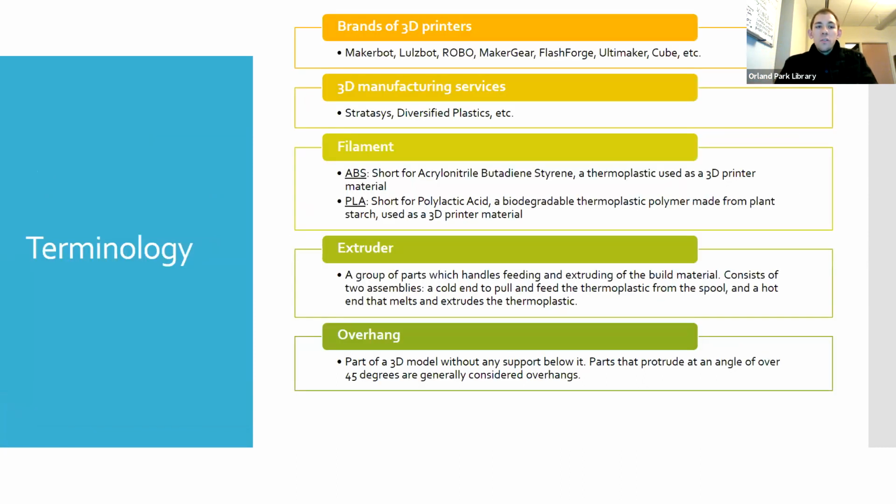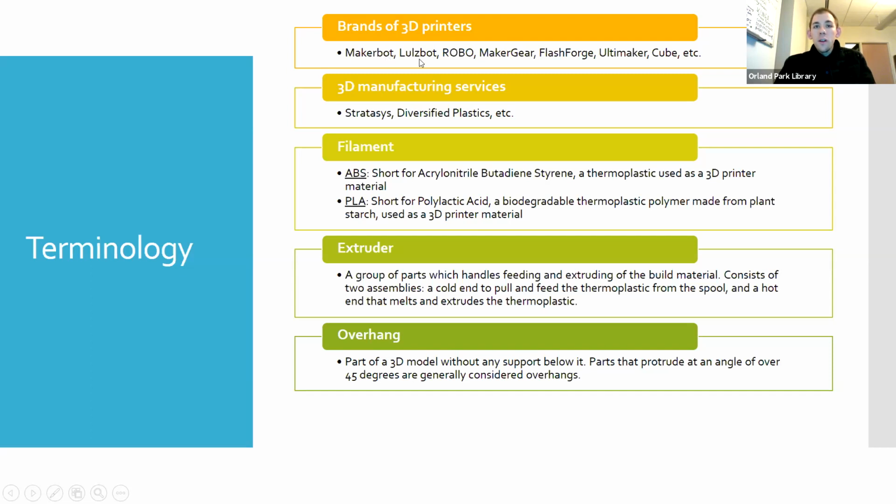Right now, we're going to go into the terminology, which is very extensive. First is the brands of 3D printers. As you can see on the top right here, there is MakerBot, which is what we use at the library for our 3D printing.